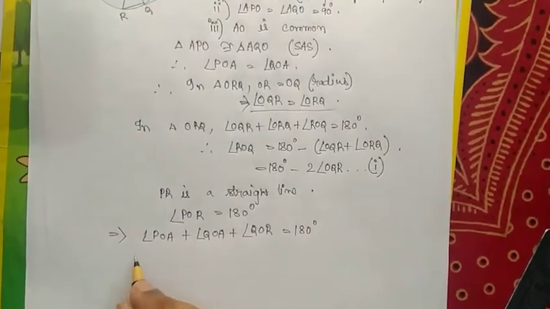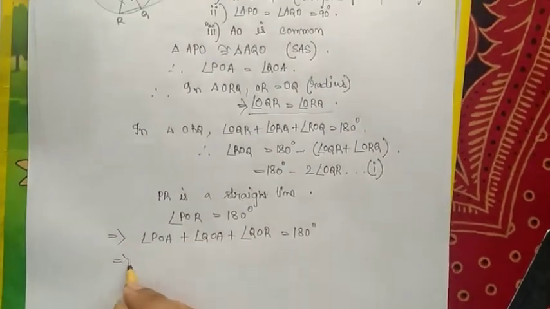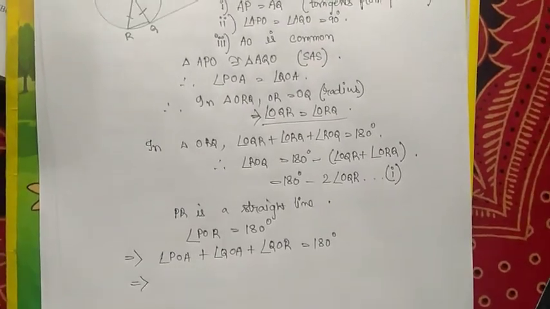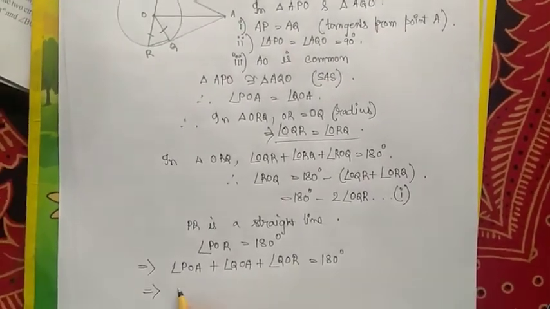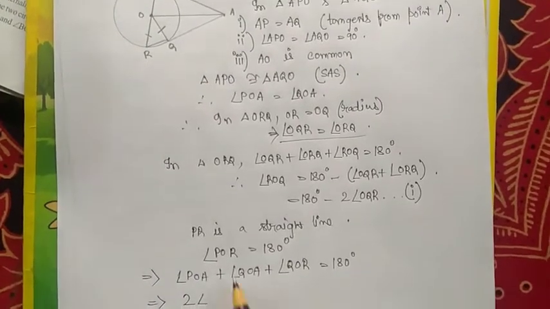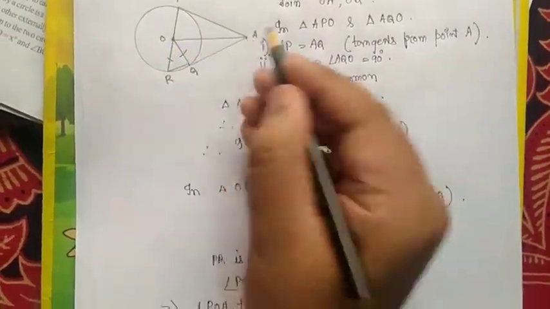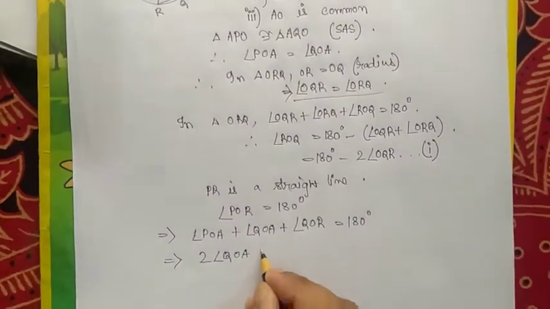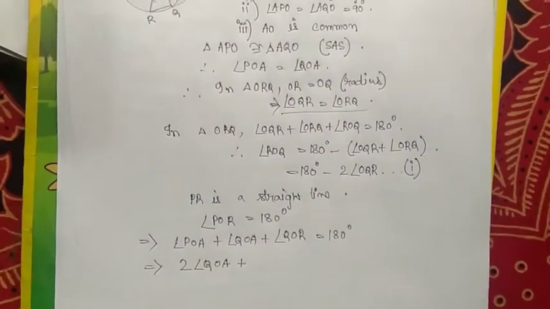So therefore we can say that POA plus QOA plus QOR.